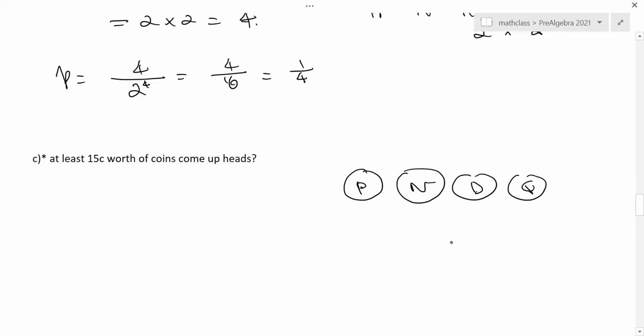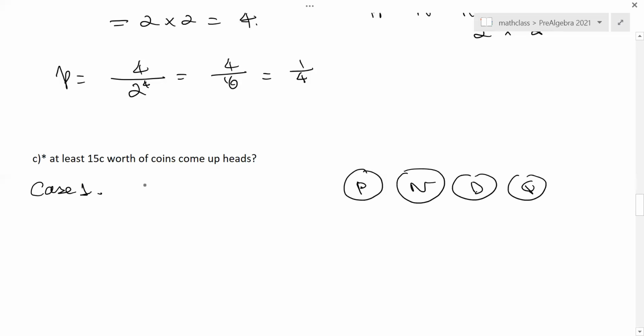So you have to divide them into several cases. Case 1, case 2, right? So I would like to start with the quarter. If the quarter comes up heads, okay, then case 1.